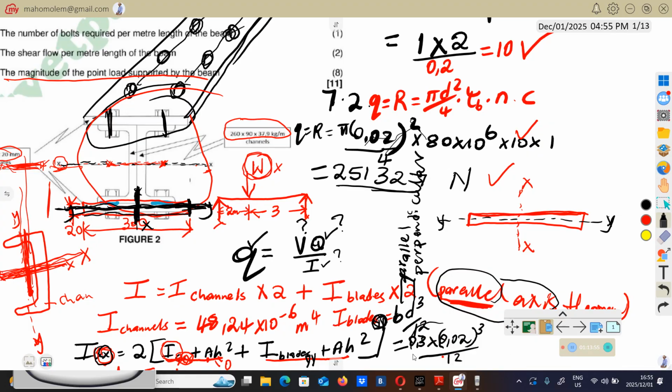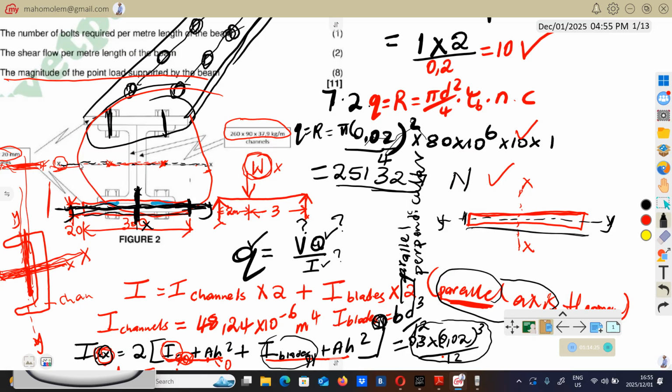Then this part here is going to be this IYY. And then the area will just be this side multiplied by this side, 20 multiplied by 300. Then H, the height difference, or you can call it the distance between the axes.